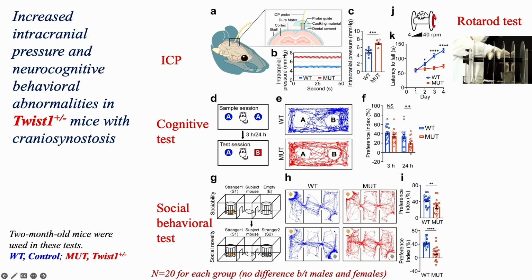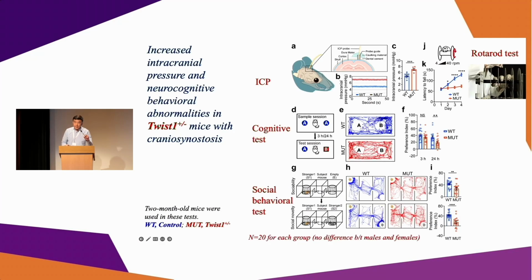From that, we wanted to ask the question: does the TWIST1 heterozygous mutant mouse model actually represent the human condition, in which these patients, in severe cases, also have learning and neurocognitive dysfunction? The way we tested that is we put a probe into the skull and measured the intracranial pressure.